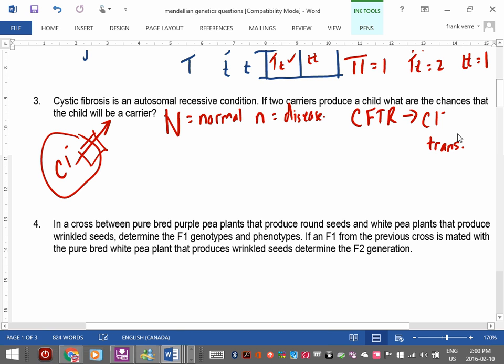That's the doorway to get rid of the chloride ion. If both copies are messed up, and if you think of a copy as a recipe, anytime a cell goes to make the transporter, it malfunctions because there's something wrong with the recipe. And both copies are bad, so all the CFTR transporters don't work.